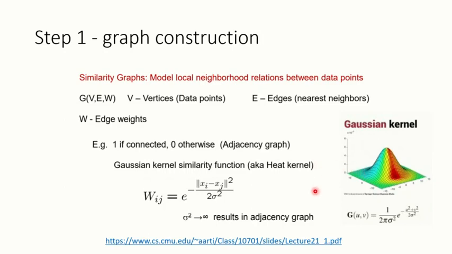Then you apply a kernel function to transform those distance values. If the distance between i and j is small, then the likelihood or weight to give will be large. So you put one xi in the center of this, and then you look at j. If j is away from this center, then you look at the value of this Gaussian surface. You have to be very close in order to reach the higher value.